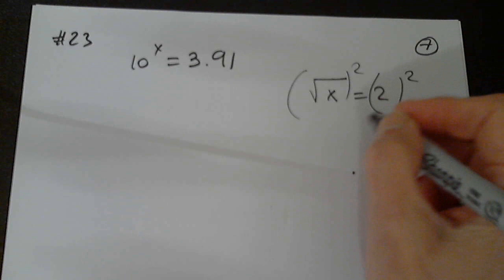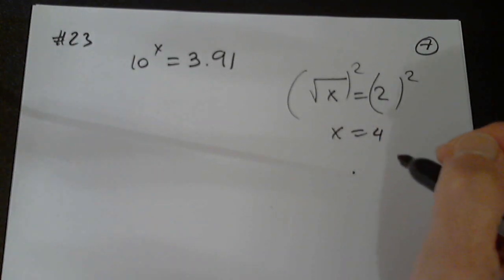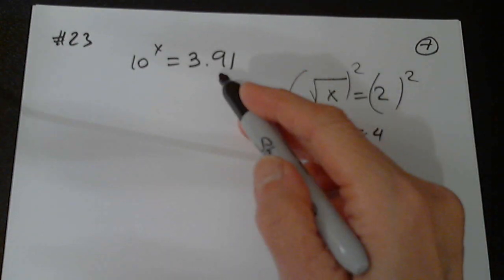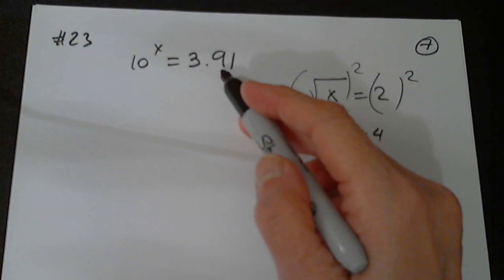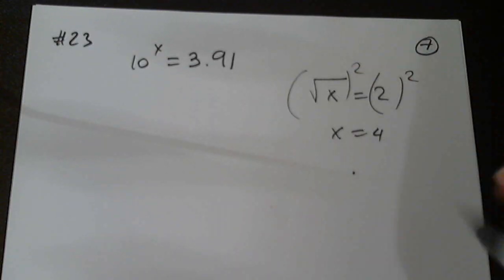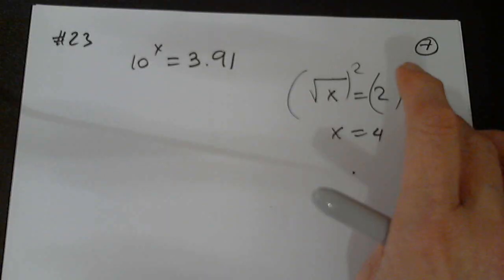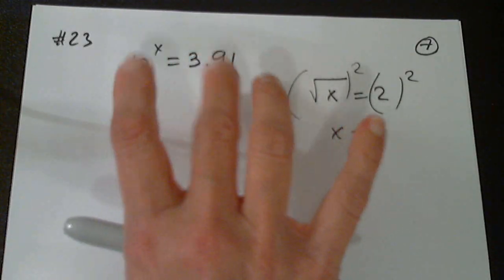We had to square to get x equals 4. The same thing here. We have to use the inverse function. Here we have to apply the same thing to both sides.